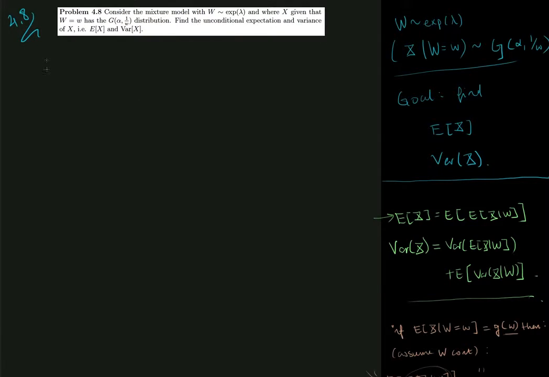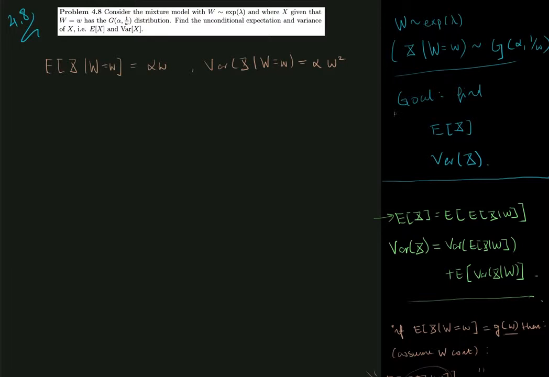So the mean of x given that W takes on a certain value is equal to alpha divided by 1 over w, so alpha w, whereas the variance of x conditioned on W equals w is alpha multiplied by w squared.